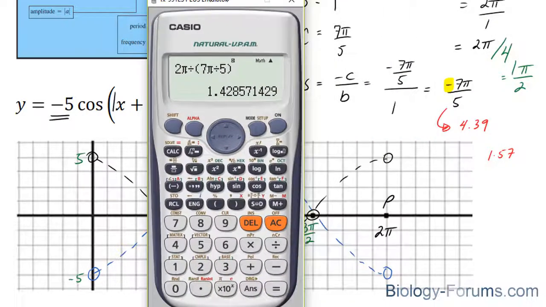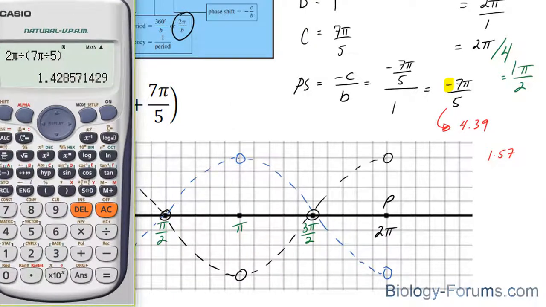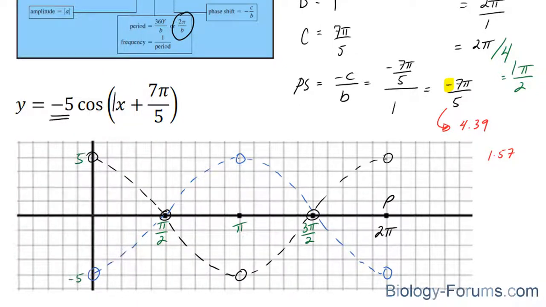What that means for us then is that this point right here is actually going to be shifted way past that first turning point. Now that's problematic for us because we don't have the real estate, if you will, to draw that out. That point will be right there, so it's going to be a major shift here.